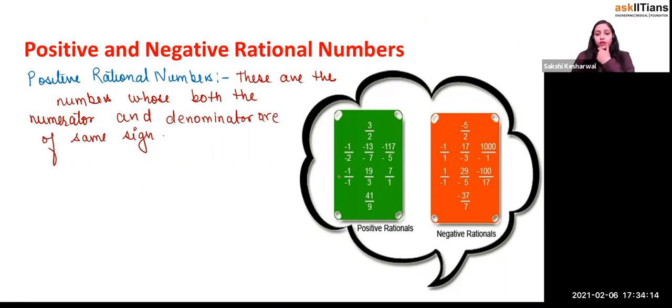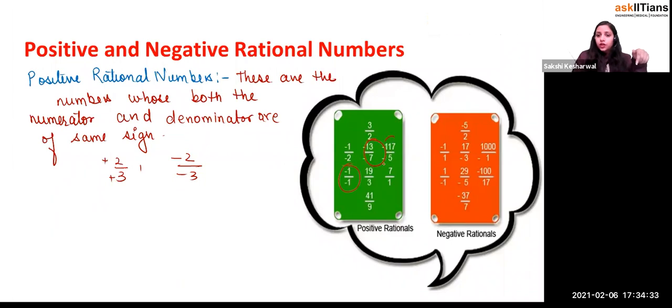Same sign means, if I write 2 by 3, this has a positive sign and this has a positive sign. If I say minus 2 by 3, both have the same sign, both negative. So yes, this is said to be a positive rational number.